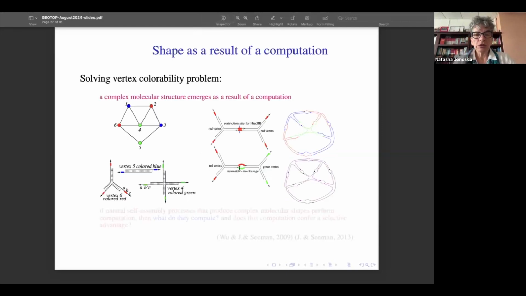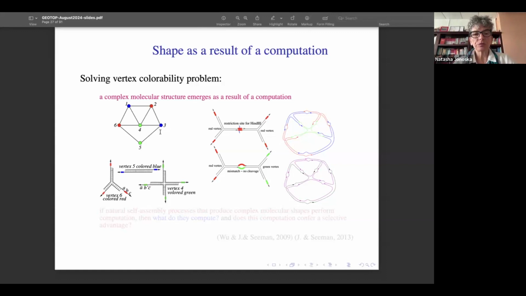Here's an example of an experimental result that we got some years ago, a long time ago, which was a mathematical problem solving of the vertex colorability problem. And we know what the vertex colorability problem is.